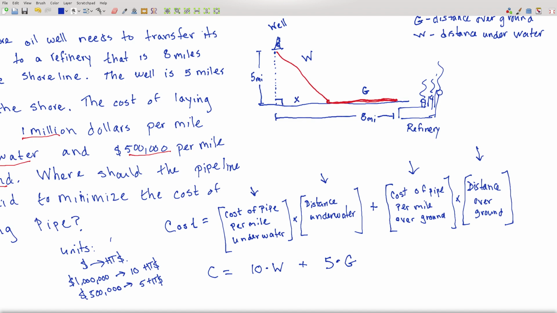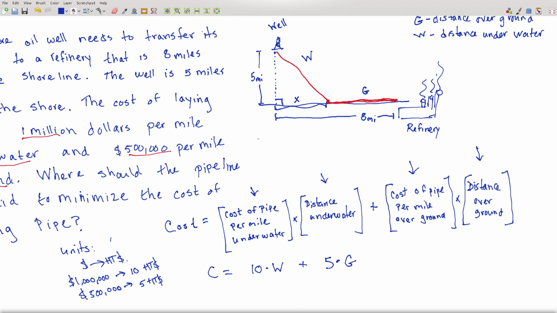So x is the distance from where we stop laying the pipe on the ground to where the oil well is, if we were to go straight from the oil well to the shore. Okay? Well, now I have enough symbols that I can rewrite W in terms of x.